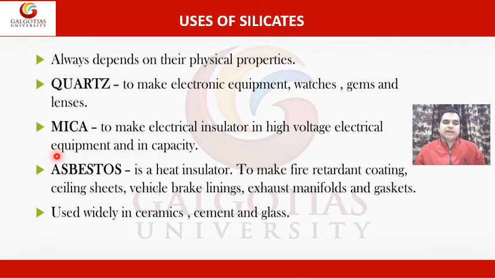Similarly, asbestos can be utilized as a heat insulator to make fire retardant coatings. It can be utilized for ceiling sheets, vehicle brake linings, exhaust manifolds, and gaskets, etc. They can also be widely utilized in ceramics, cement, and glasses as a mixture material.